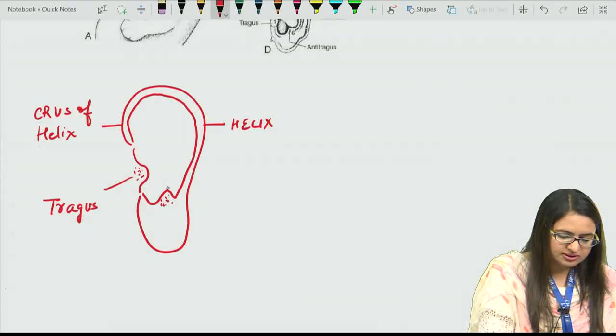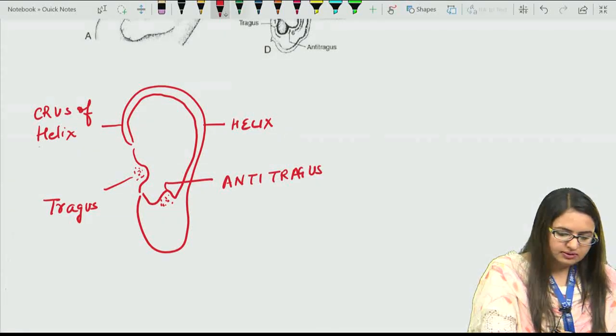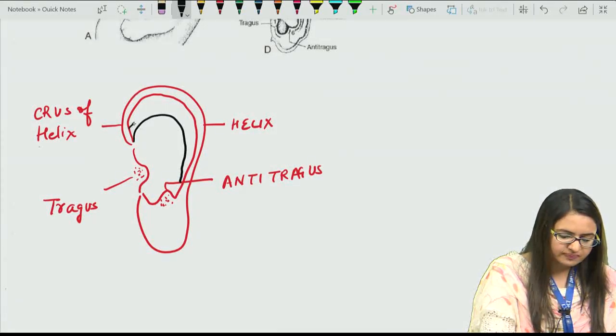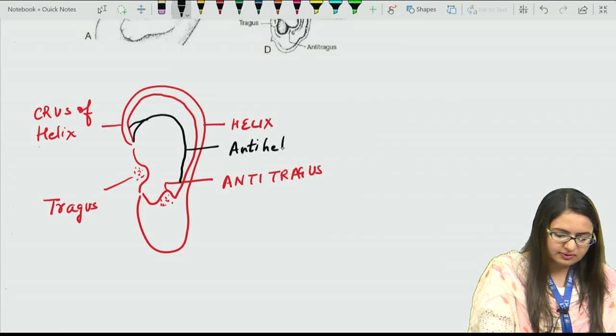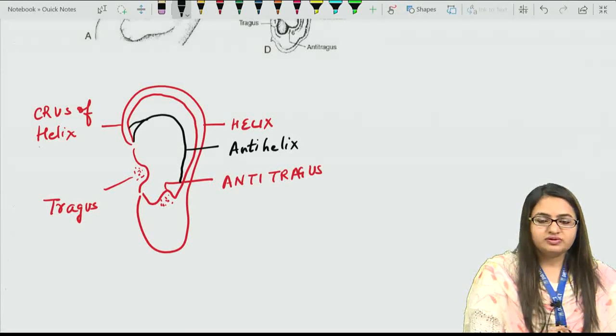This portion over here is the antitragus. Then just below this we are having the antihelix. These are the various portions of the ear pinna.